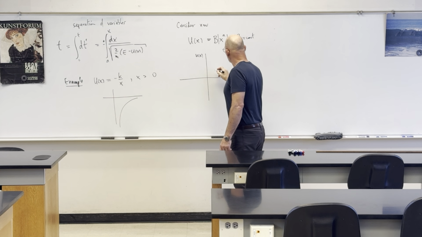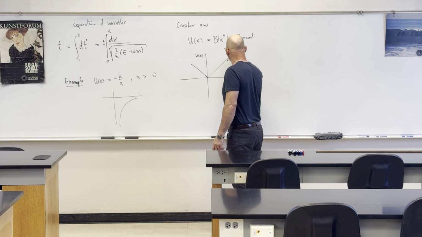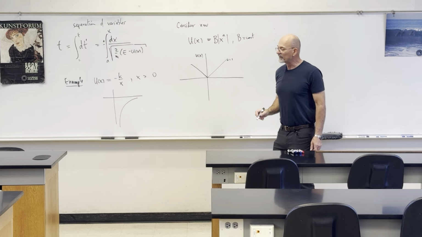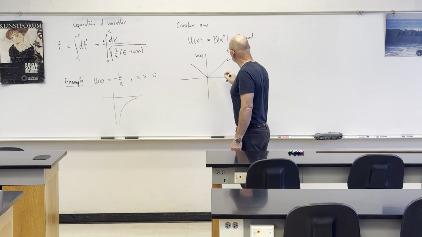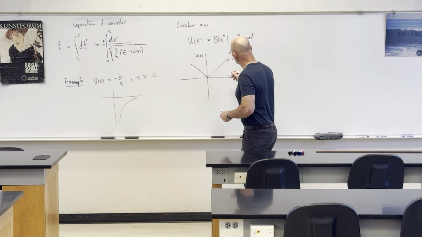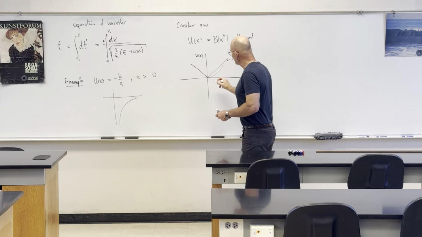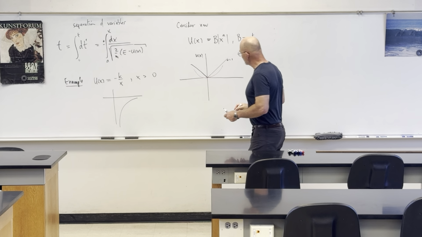So, n equals 1, there's the start. This is n equals 1, that's pretty basic. If we have n equals 2, we're going to be coming up like that, and we're familiar with the parabola.